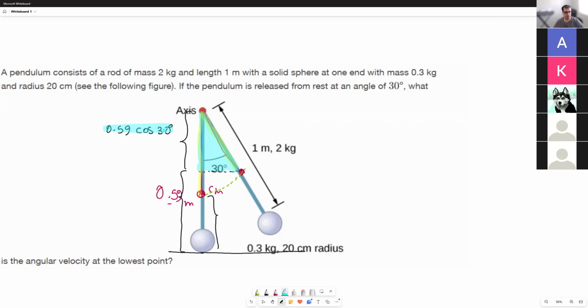Make sense so far? Can you repeat it, Professor? I want to find out the height of the center of mass when it is at the point of release, right? The height of the center of mass is this much.